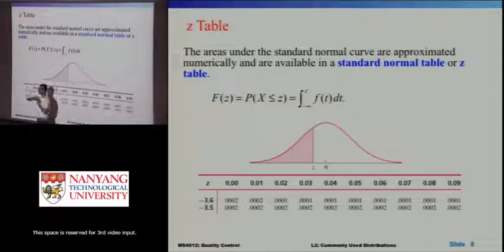So if I want to look up the value for minus 3.62, I look at minus 3.6 first, get this row, then 0.002 here, so I know from the table I get 0.0001. Okay?